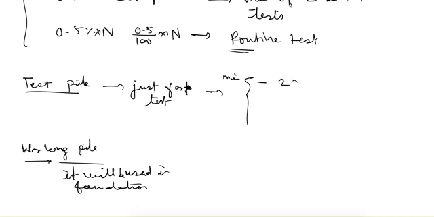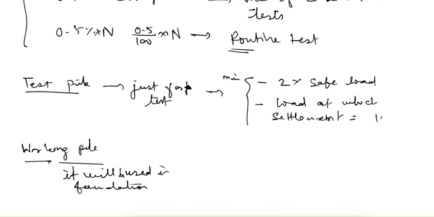Either it will be conducted up to 2 times our estimated safe load, or the load at which settlement is equal to 10% of pile dia if it is a single pile, or in case of a group pile it should be 40 mm.